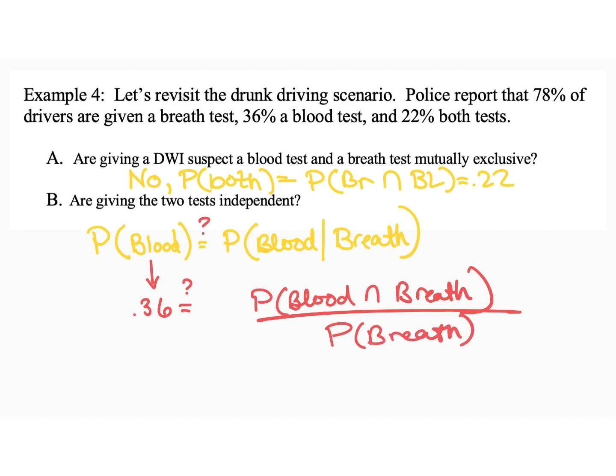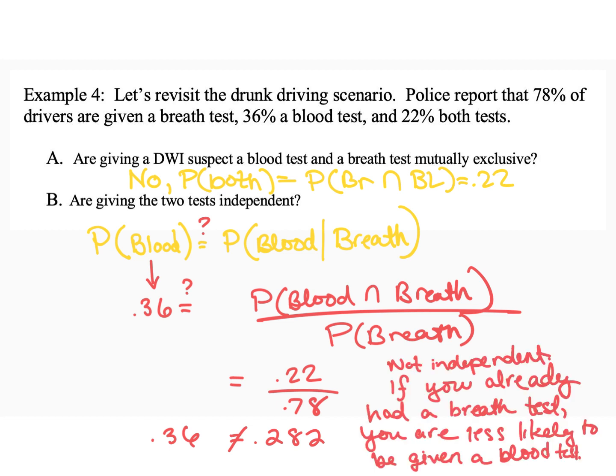So the intersection of the two would be 0.22, out of those that had a breath test, 0.78. And if I do that division, I get 0.282. So these are definitely not equal, therefore they are not independent.